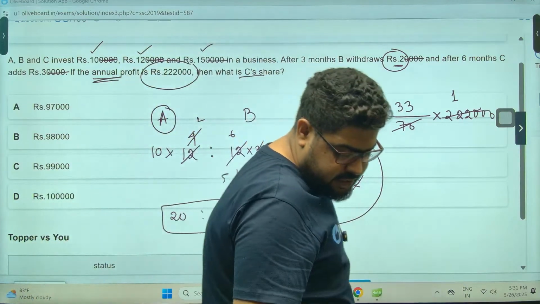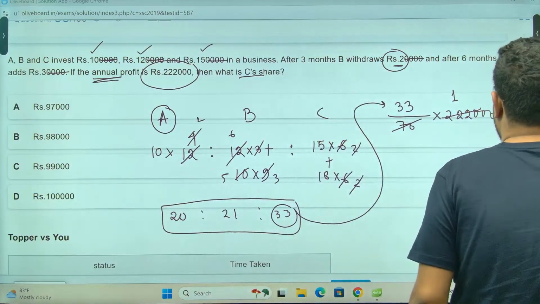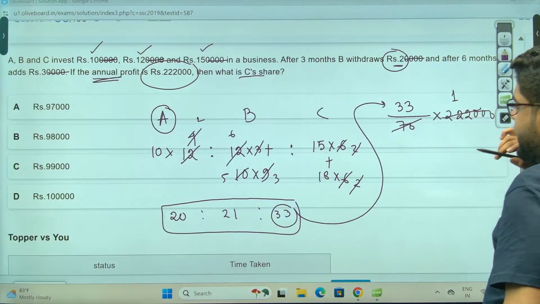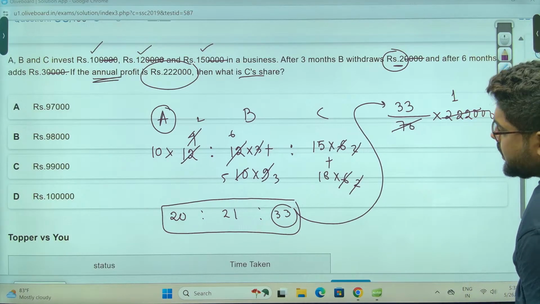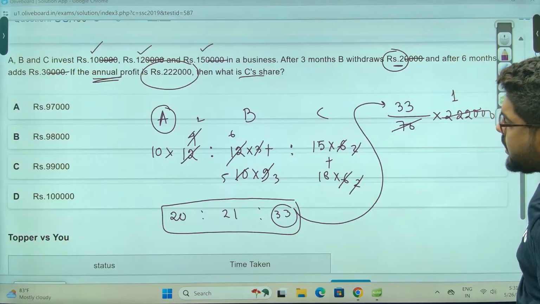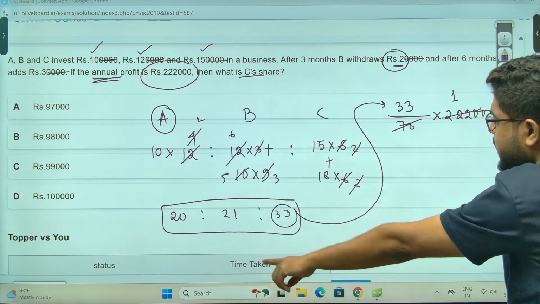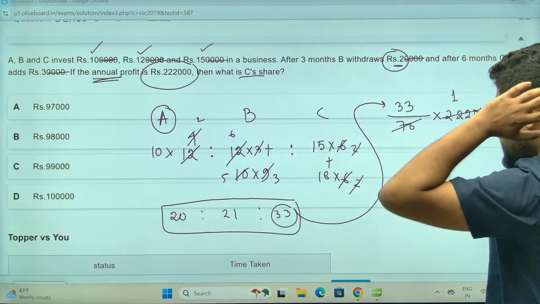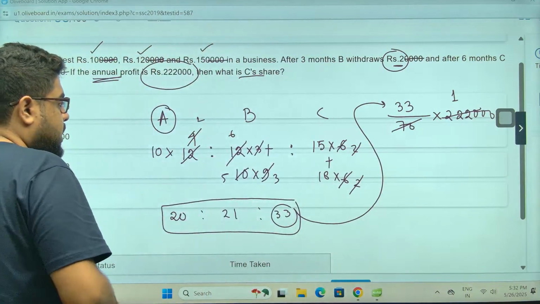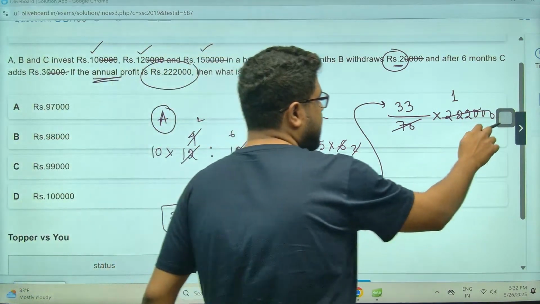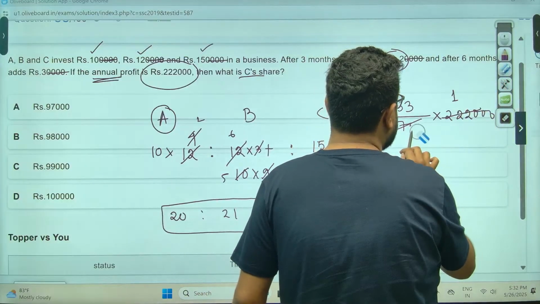Have we made any mistake? Wait. 33, 33, 33. I've not missed anything. 20, 15, 6, 21, 15, 18, 33. 33 plus 41, I can write this as 76.